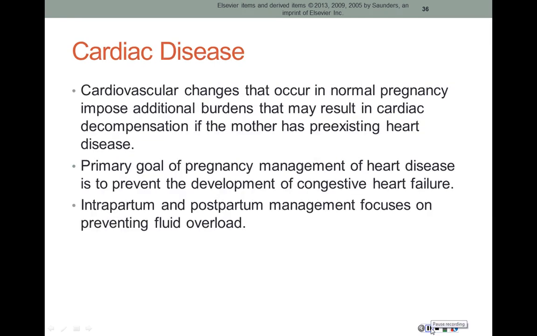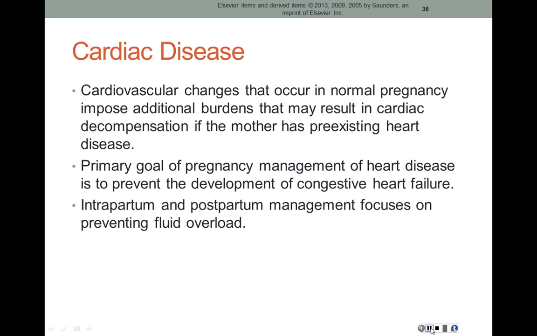Okay, cardiovascular disease. It's normal for changes to occur because mom is supporting two people and not one person. So if she already has cardiac disease, then that can cause decompensation in the mom. So our goal is to manage the heart disease and prevent the development of congestive heart failure.